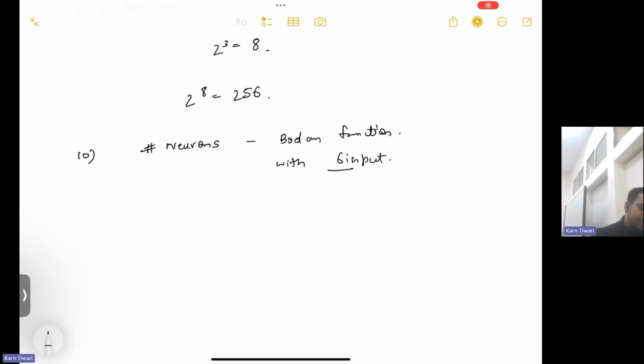Each perceptron outputs 0 or 1. So the number of combinations of input is 2 to the power 6, that is 64. Only one Boolean function is given. We want to run any one Boolean function. So how many neurons will you need? That is 64, 2 to the power n.